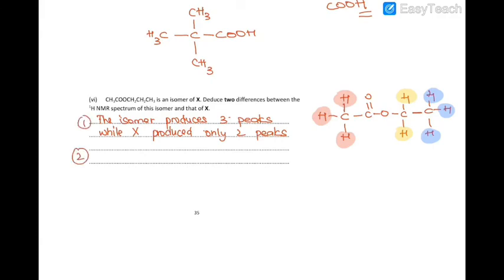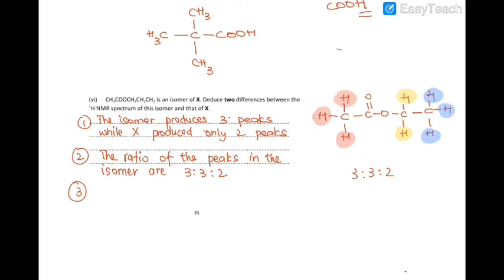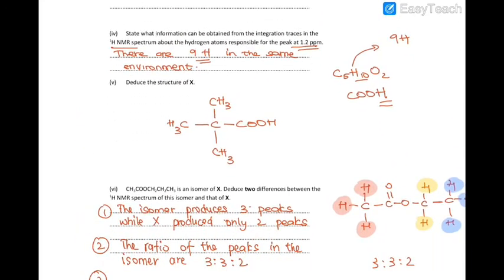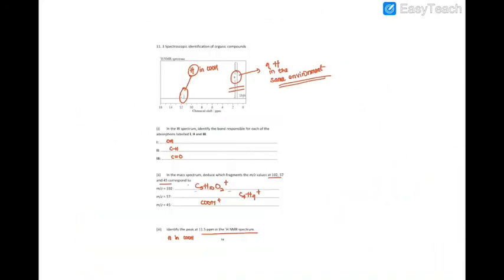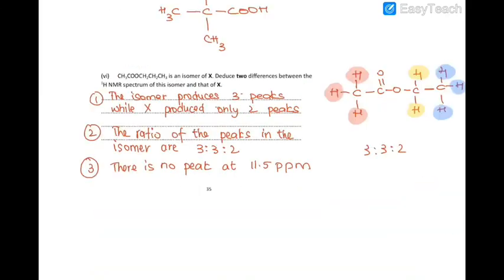The second difference is that the ratio is going to be 3 to 2. You can also add one more difference: there is no peak at 11.5. This peak will not be present here.